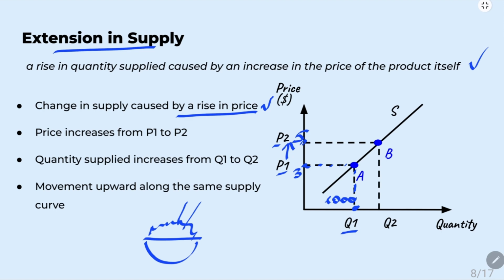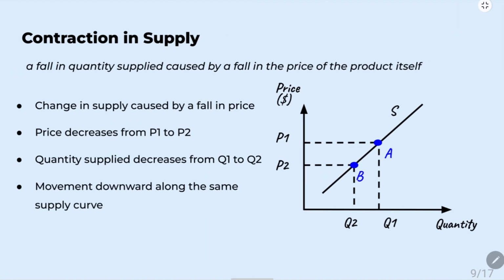However, when the price rises to $5, quantity supplied increases to 1,600 kilograms, shown as Q2. So as price increases from P1 to P2, quantity supplied also increases from Q1 to Q2. This is called an extension in supply because producers are extending the quantity they supply due to higher prices.